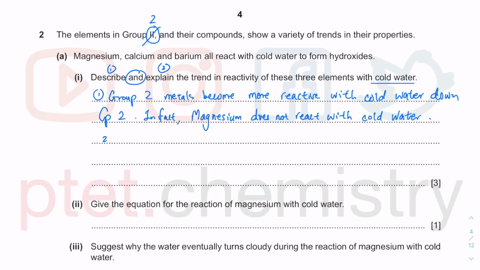So for the explanation, we need to talk about down group 2. The valence electrons are further away from the nucleus because we involve losing the electrons in a redox reaction.